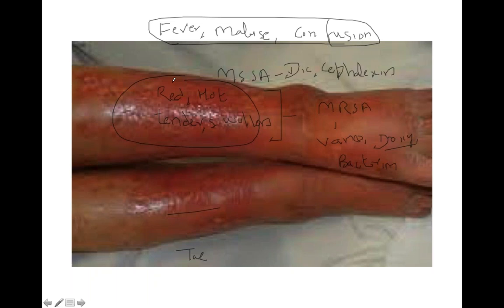Okay, so we have mild, these things, and we have severe, these things. Okay, clear. Okay, next is erysipelas.